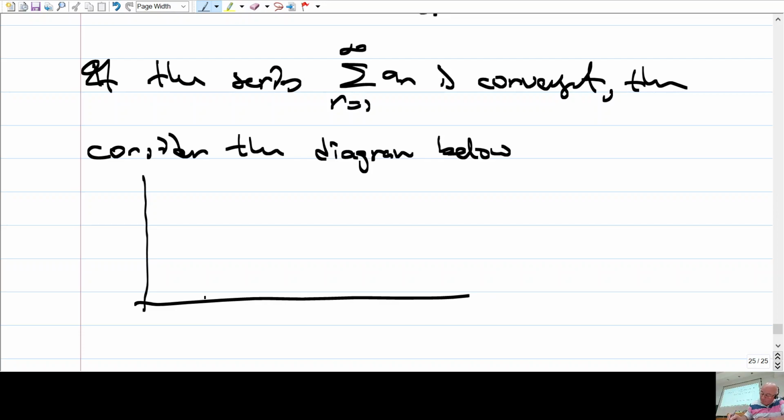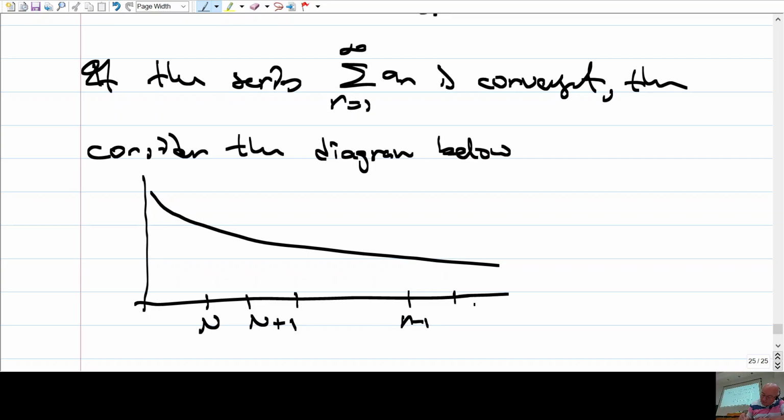Okay, so I have this function again, n plus 1. Here, n minus 1 and n. Let's say this time I look at these rectangles.